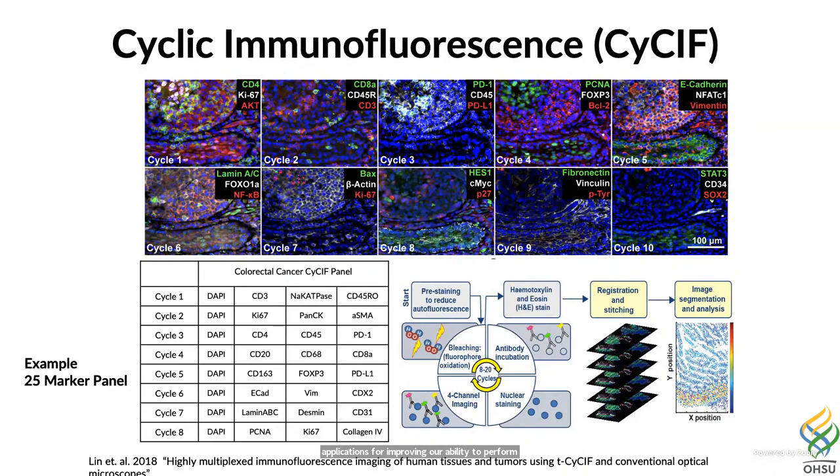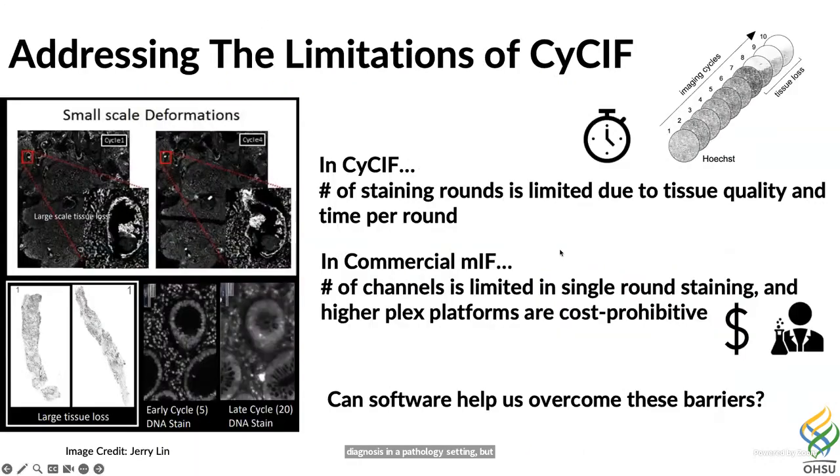But unfortunately, there are limitations that we have to address. Within CyCIF, one of the main limitations is time. The number of rounds that you can do is limited because one round takes up to 1 day to complete. Additionally, as you start doing more and more rounds, the number of staining rounds that can be conducted is limited by tissue quality, which degrades in later rounds.